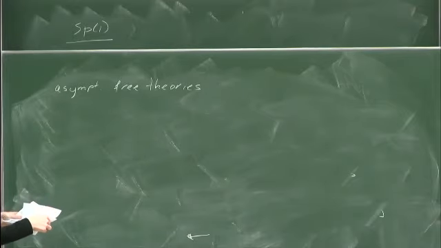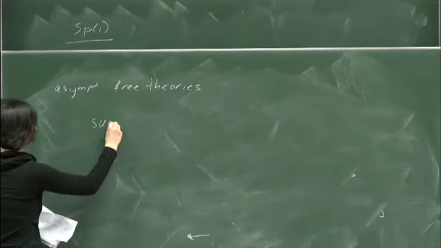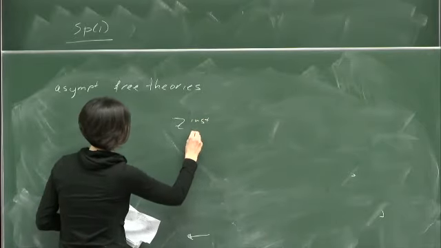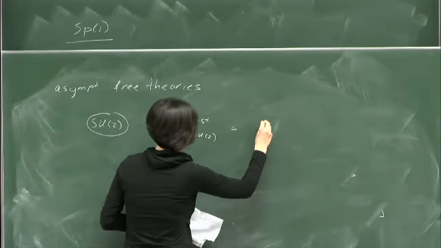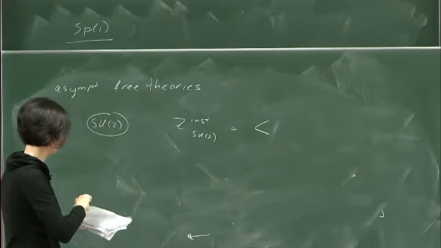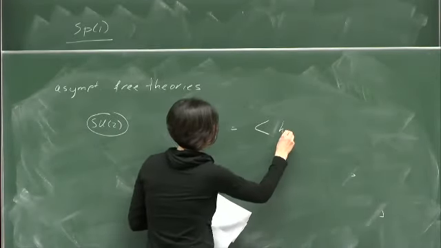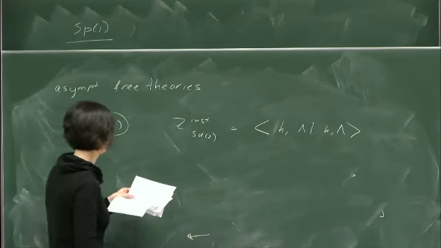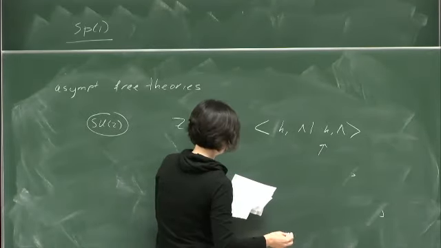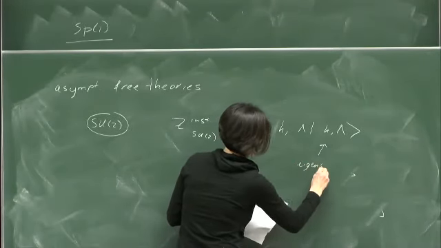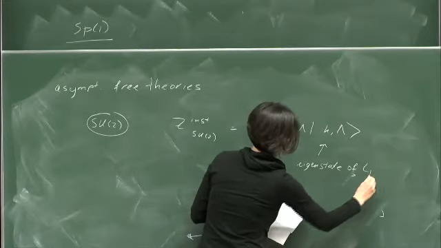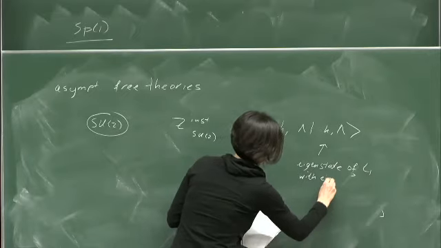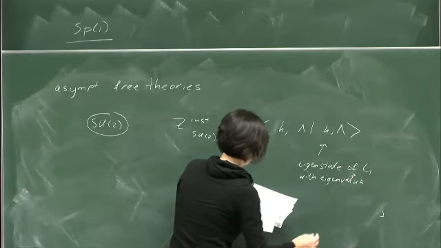And for example, if you want to look at pure SU2 gauge theory, we find that its instanton partition function can be written in terms of certain states, as a norm of a certain state, where this is an eigenstate of the L1 operator mode in the Virasoro algebra with eigenvalue lambda.